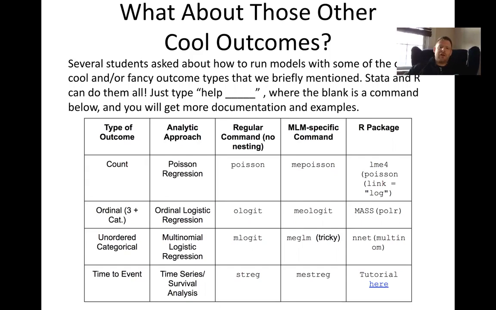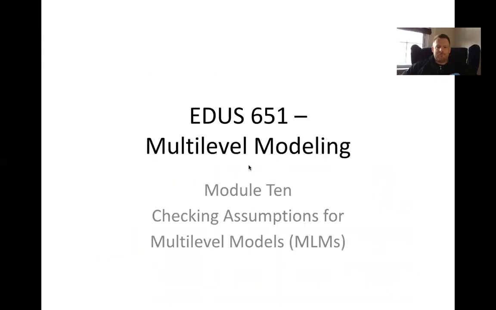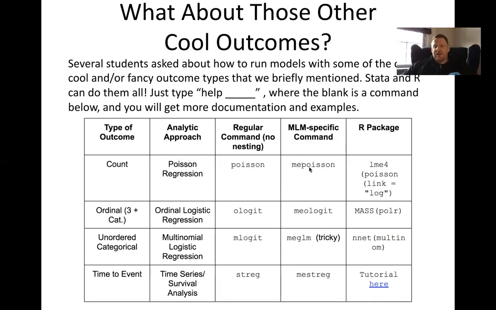That's typically called Poisson regression. Stata has a command called poisson, and also a multi-level specific command called mepoisson. And in R, you can do this in lme4 using the glmer function, specifying the Poisson family with link equals log.